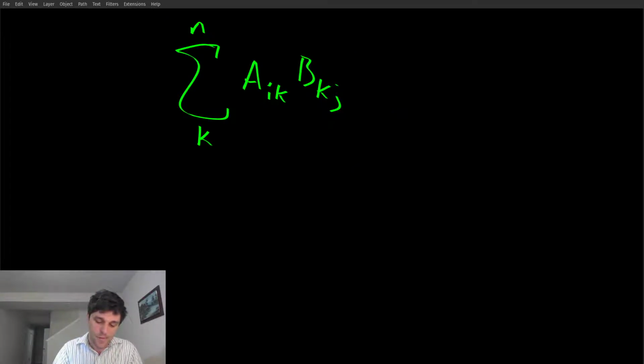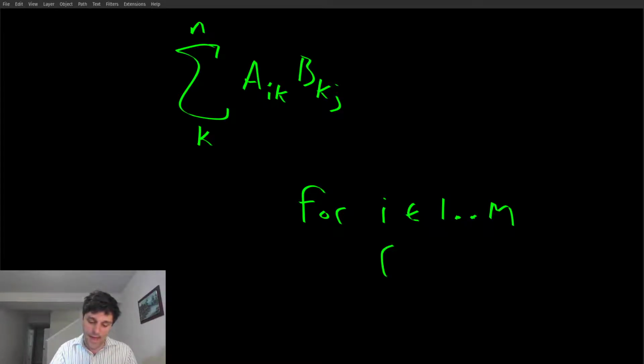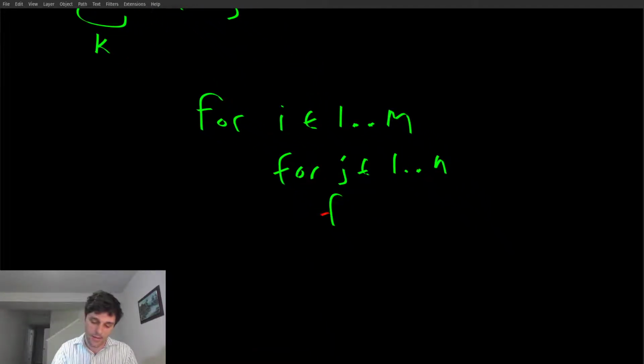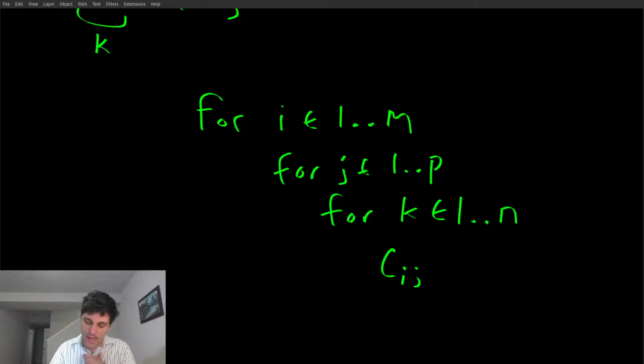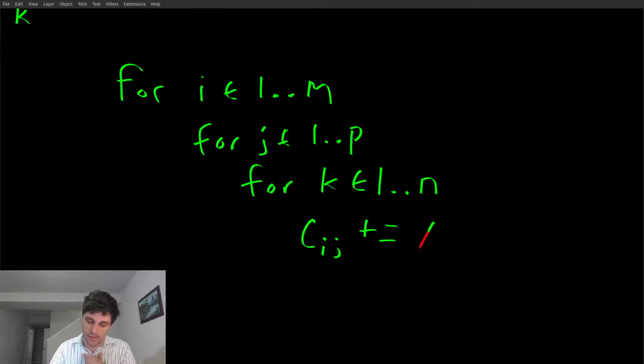This is saying for each i, so for i in 1 to m, and then inside that for each j in 1 to p, and then inside that for each k in 1 to n, c_ij plus equals a_ik times b_kj, right?